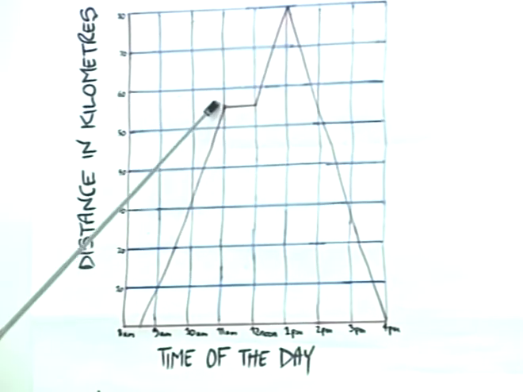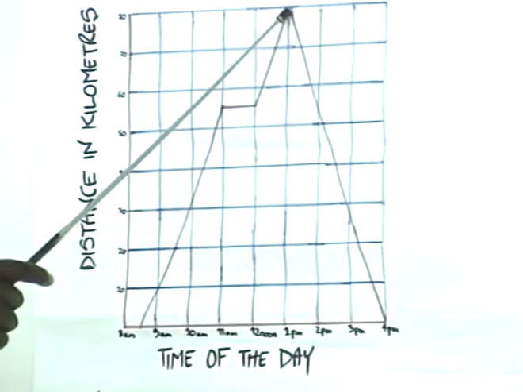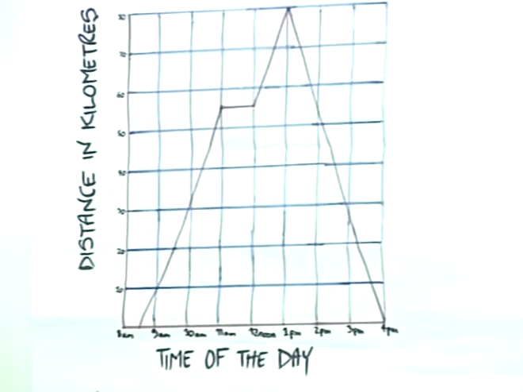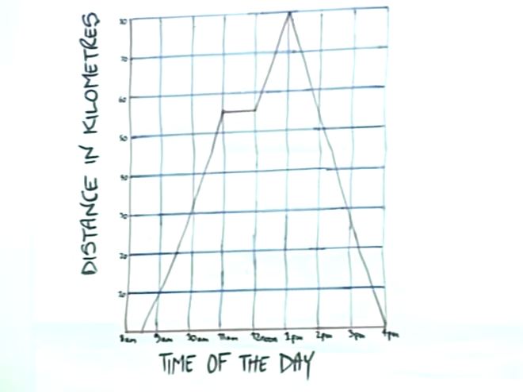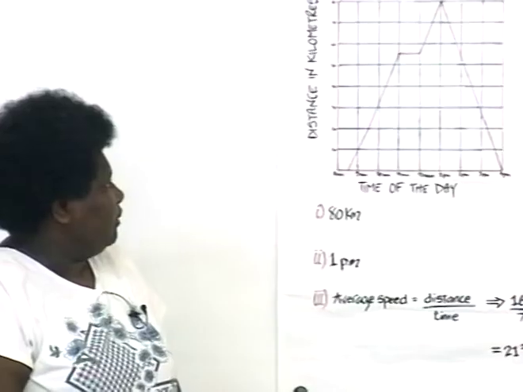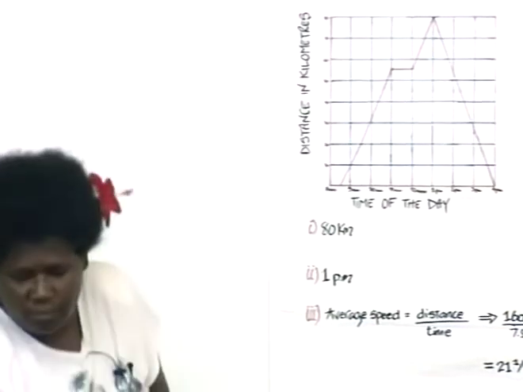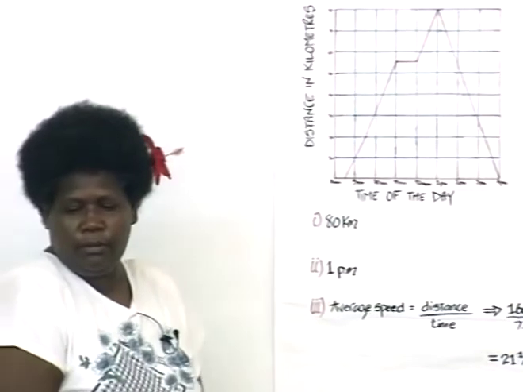He travels and then rests for 1 hour, travels again, and then returns back at 4 o'clock. He arrives back where he started. So that's just a graph that represents the information given, and Peter has already given the answers to the questions that follow. All right then, question 4.